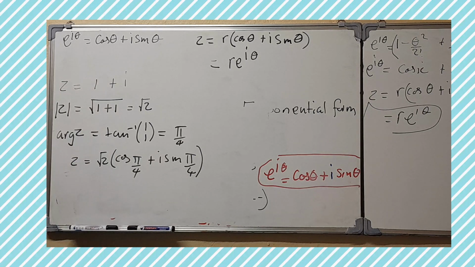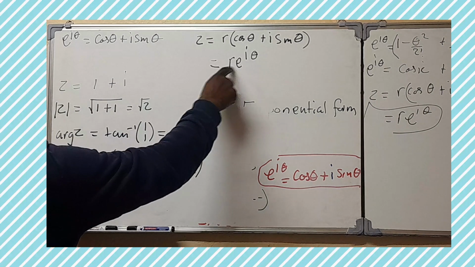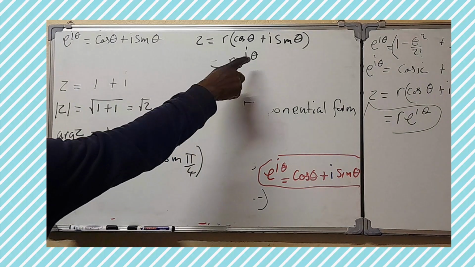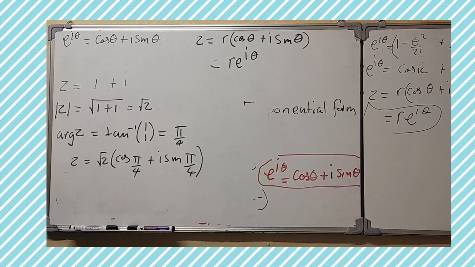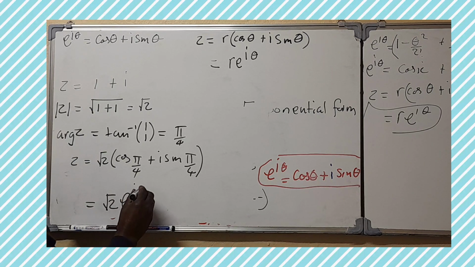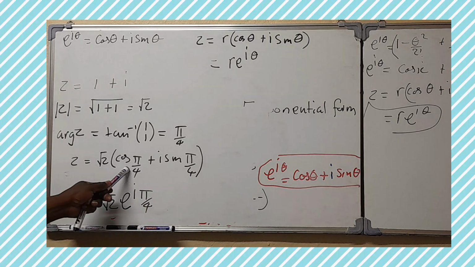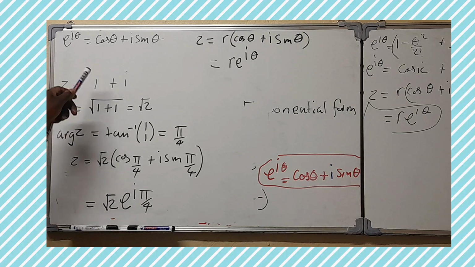Again, we know our modulus is root of 2, our argument is pi over 4. So z can also be written as root of 2 e to the power i pi over 4. This is the exponential form of z. This is the polar form of z. This is the rectangular form of z.